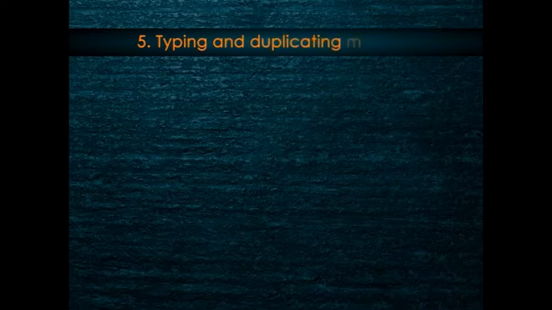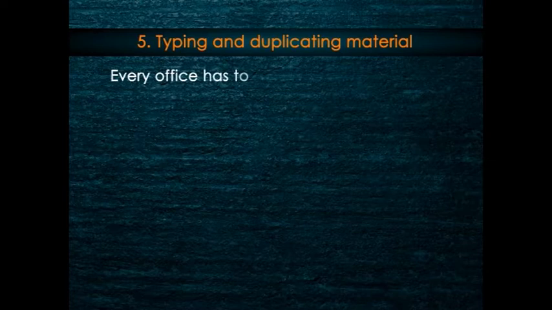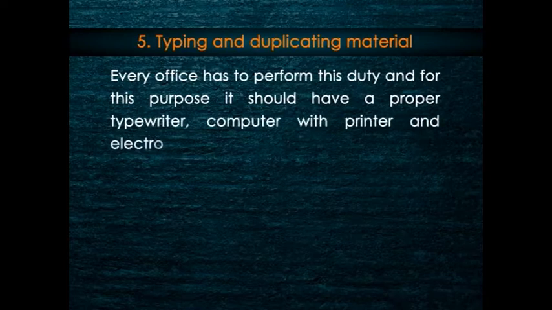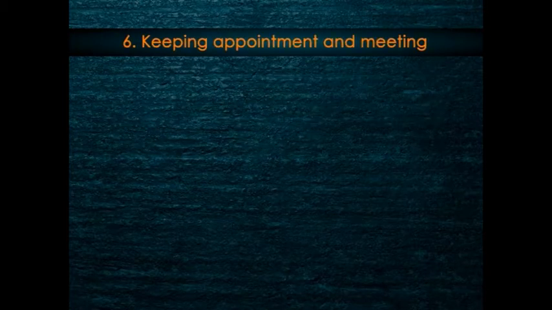Number 5. Typing and duplicating materials. Every office has to perform this duty, and for this purpose it should have a proper typewriter, computer with printer and electrostat machine. Number 6. Keeping appointments and meeting obligations.